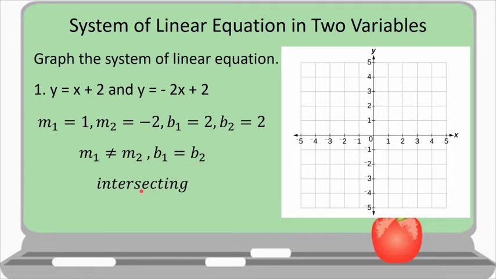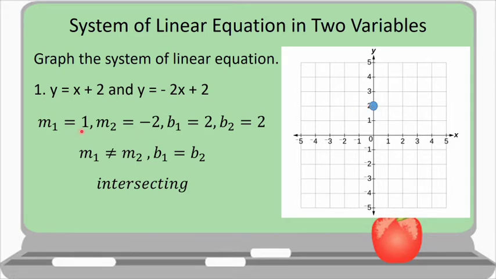Now let us use the slope and the y-intercept to graph the first equation. The y-intercept of the first equation is 2, so the graph will pass through the point on the y-axis at (0, 2). The slope of the first equation is 1.